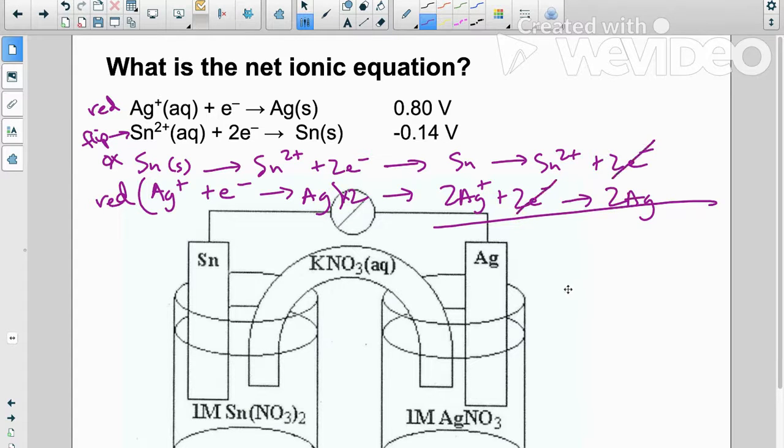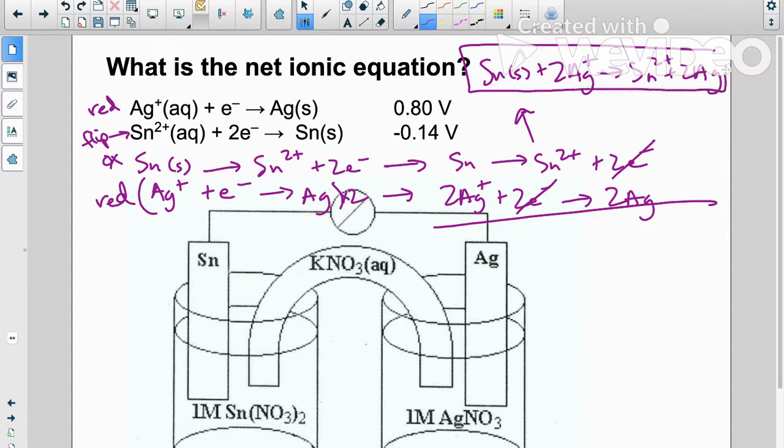Our electrons cancel out. So our net ionic equation, I'll write it up here, is Sn solid plus 2 Ag+ produces Sn2+ and 2 Ag. There's our net ionic equation right there.